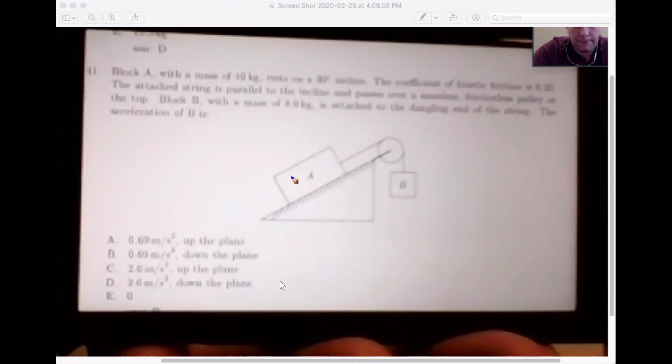Is everybody okay so far? Okay, so now what determines the direction of friction? You need to compare these two forces, right? They compete. So whichever force wins, friction will be opposite to the winner.